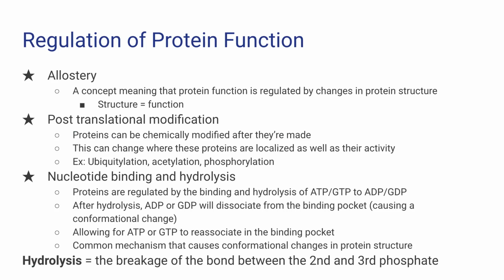And then nucleotide binding and hydrolysis: the regulation of proteins through the binding and hydrolysis of either ATP or GTP. And the hydrolysis always leaves the bond between the second and the third phosphate. Always.